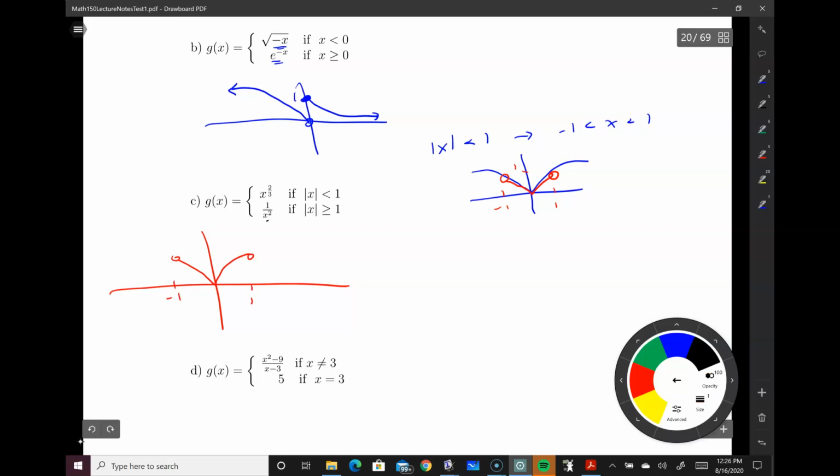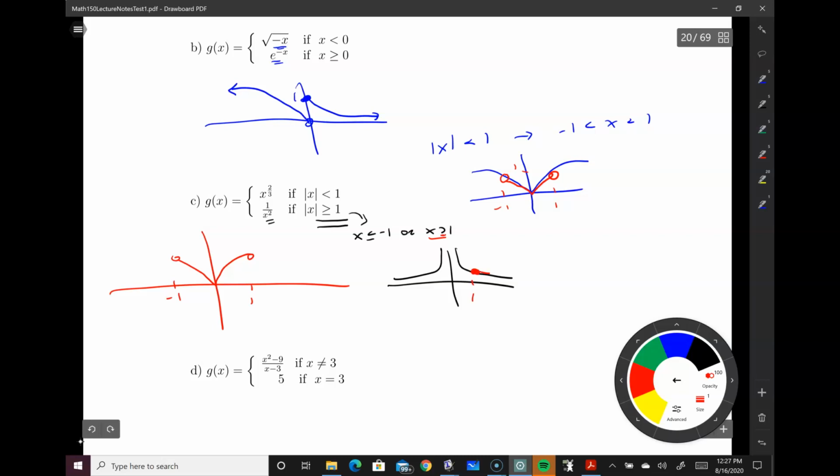All right, so now let's graph this, 1 over x squared, and what does this mean? This is the same thing as x's are less than or equal to -1, or x's are bigger than 1. So 1 over x squared is this graph. So what part of that graph am I picking up? Bigger than 1, I'm sorry, bigger than or equal to 1, right? Because it says equal, I've lost the equal sign there.